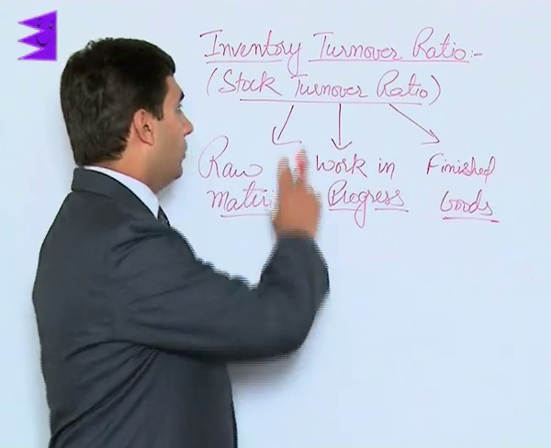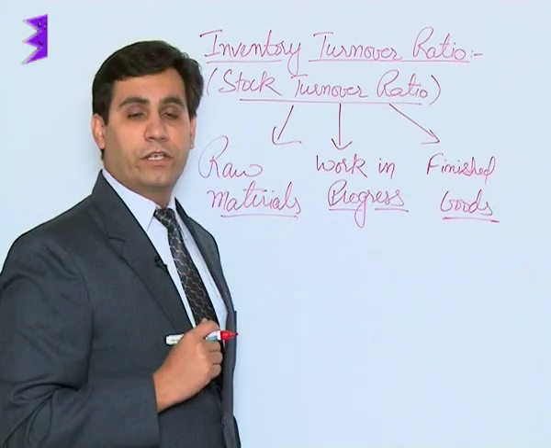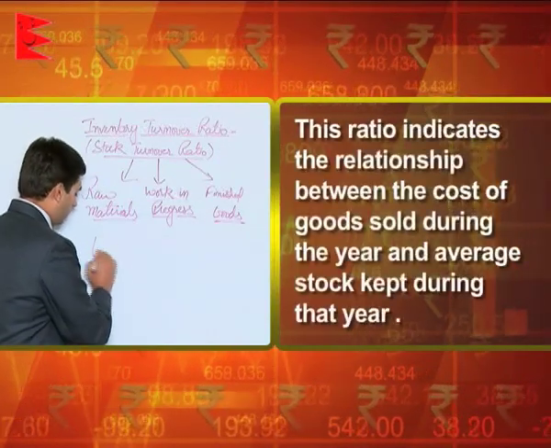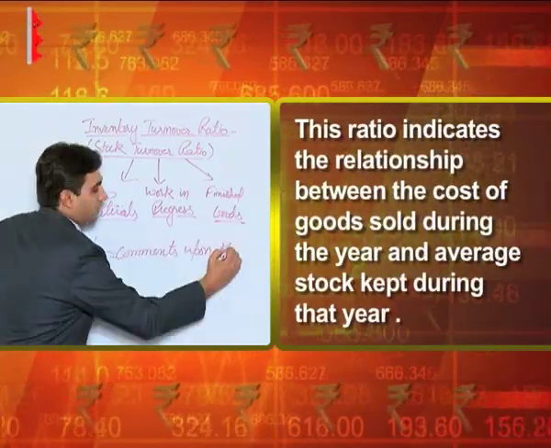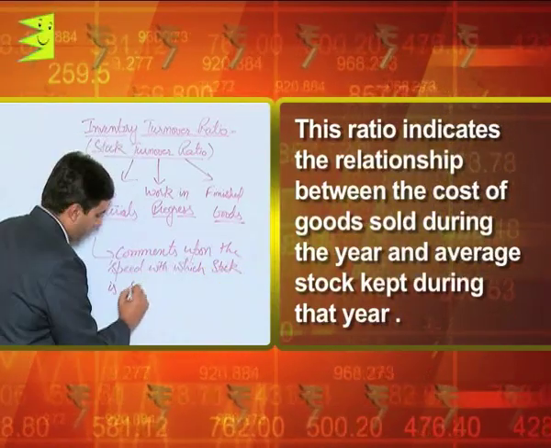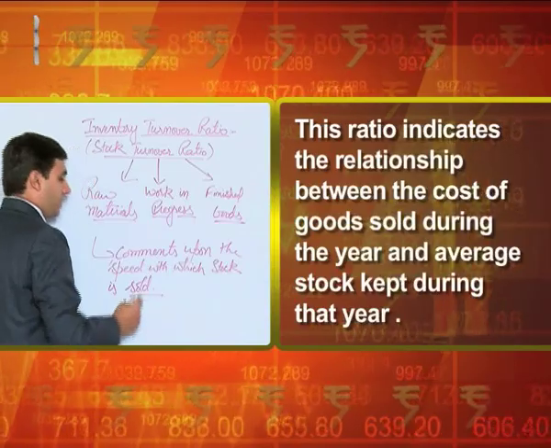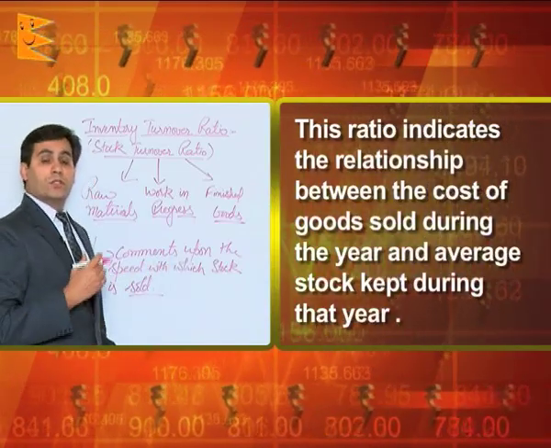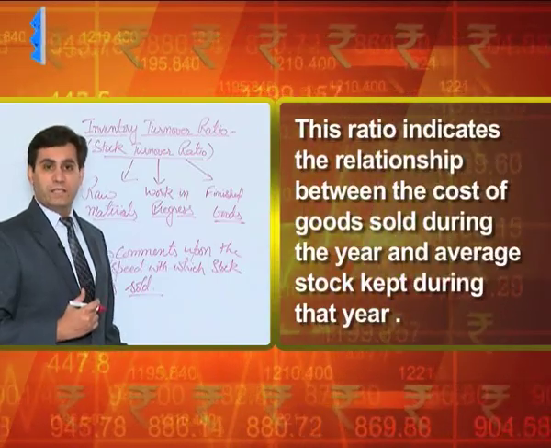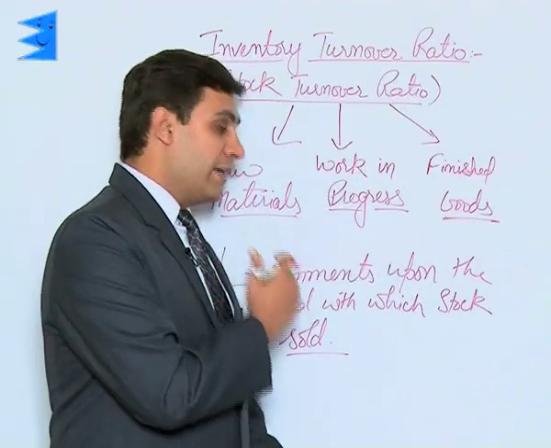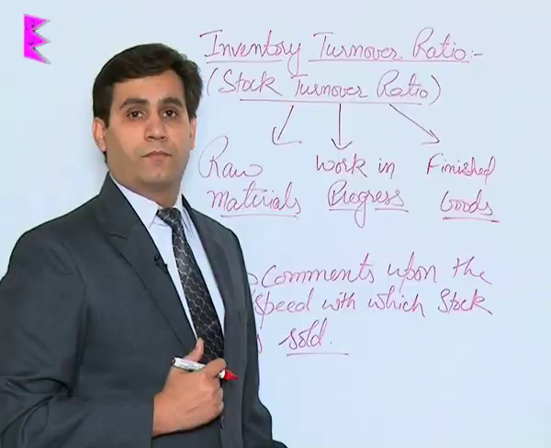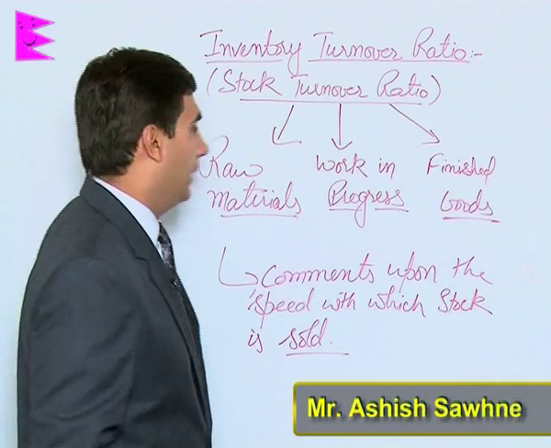Now coming back to stock turnover ratio or inventory turnover ratio, what does this ratio actually tell us? This ratio comments upon the speed with which stock is converted into sales or the stock is sold. So it gives us an idea how fast the stock is moving in the business. The higher this ratio, the better it is considered for the business. Now let us come to the formula.